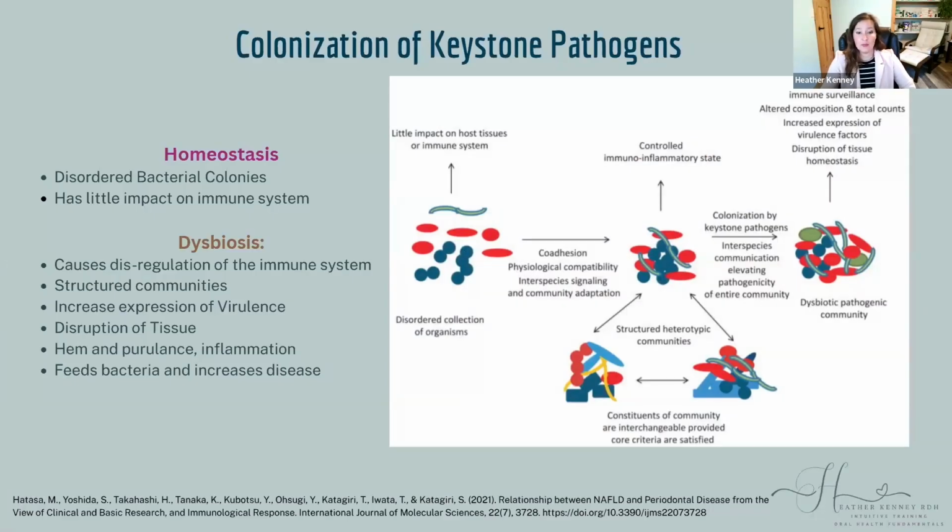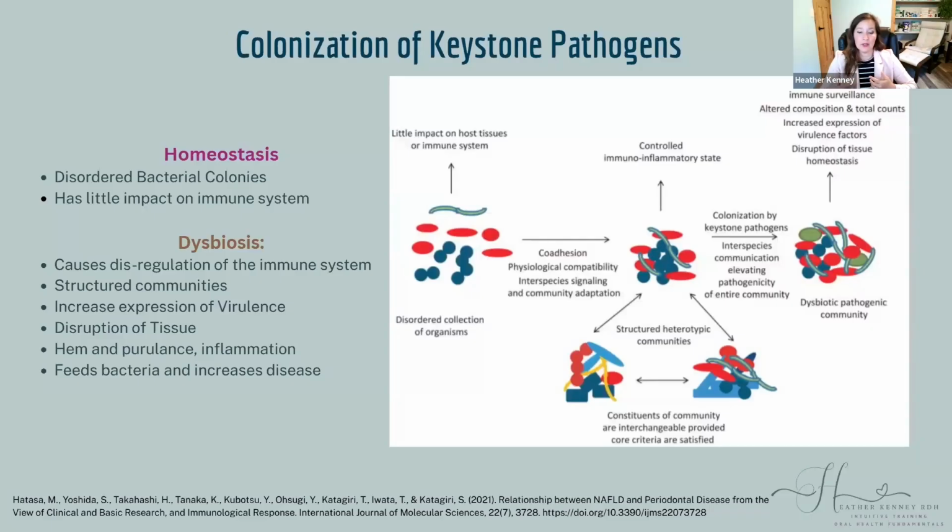And what happens, plaque is usually not very organized in fashion. And as it gets older and more colonized, we get some of these key pathogens that come in, and the biome becomes a lot more controlled and structured, and then it leads to a dysbiotic stage when we start getting some of these key pathogens in play, and that can lead to dysregulation of the immune system.